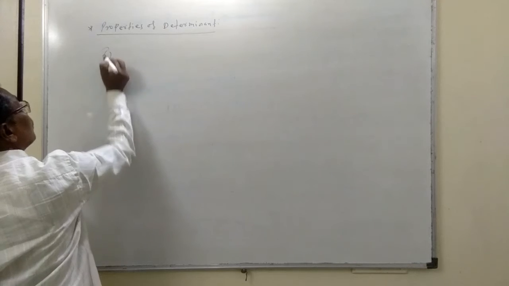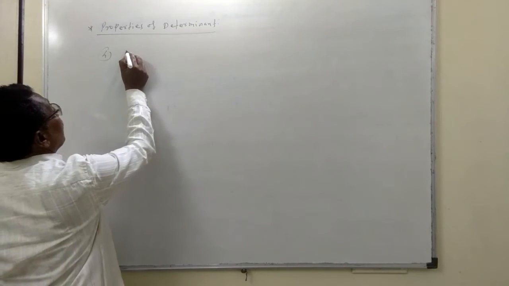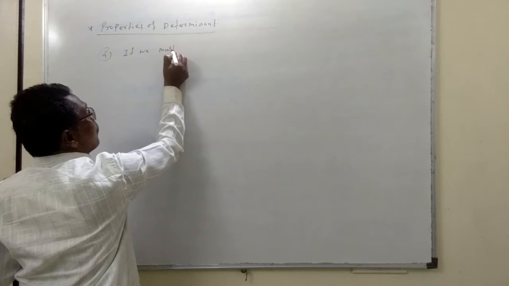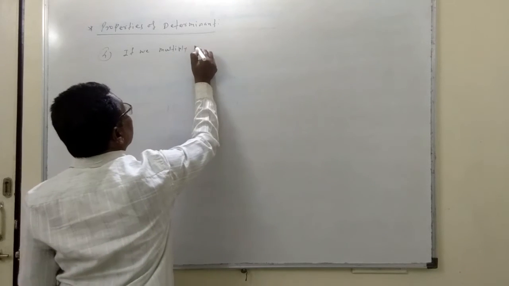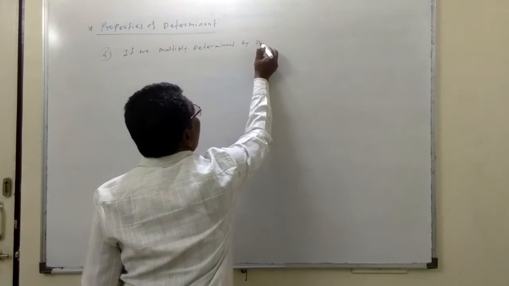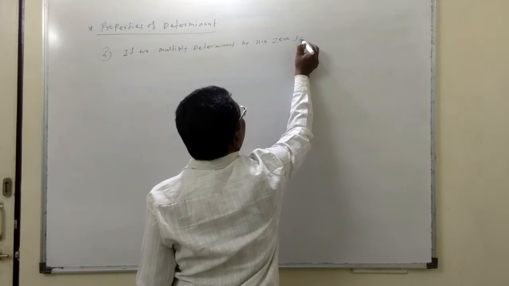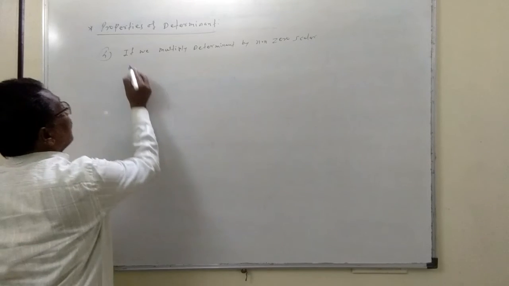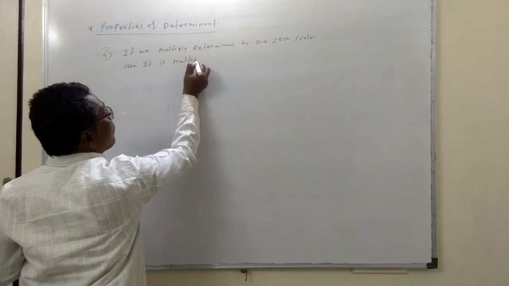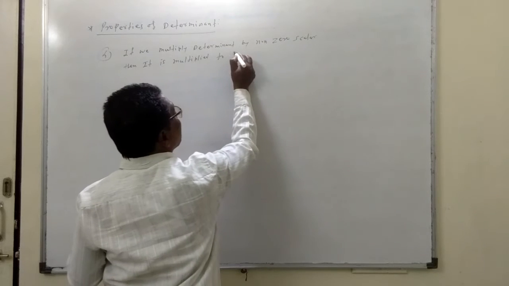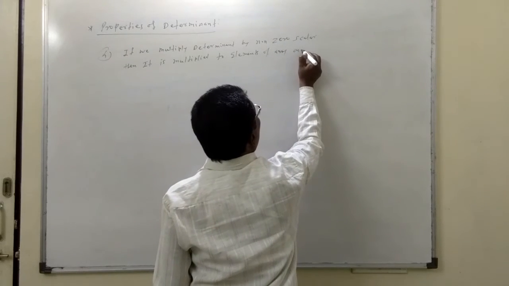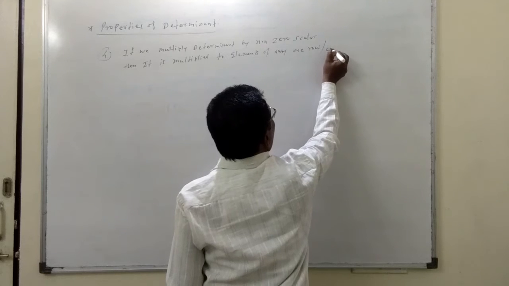And then we will study this fourth property. If we multiply a determinant by a non-zero scalar, then it is multiplied to the elements of any one row or column.